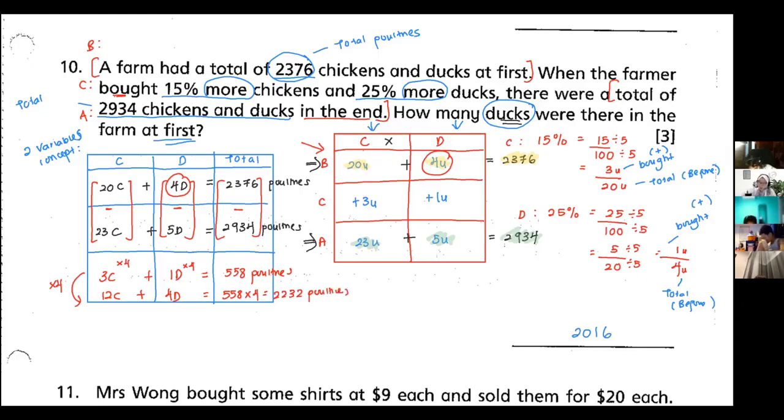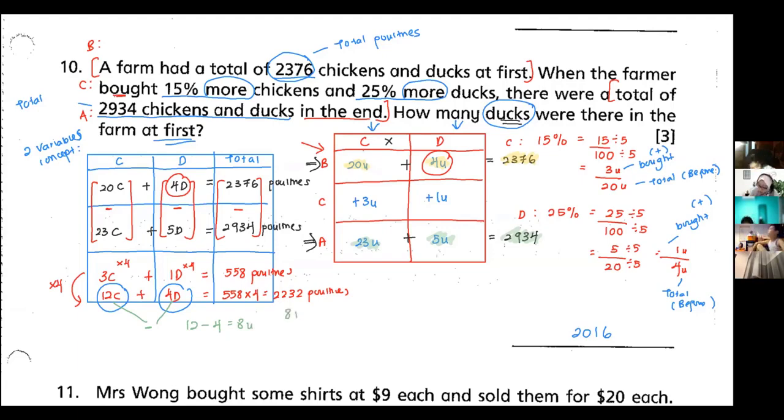Right? So then we're going to compare between the chicken and the ducks. When I say compare, it means you're going to minus. So 12 minus 4 equals 8 unit. Now we're going to just represent it as unit easily because now chicken and duck, we are converting everything back to unit.